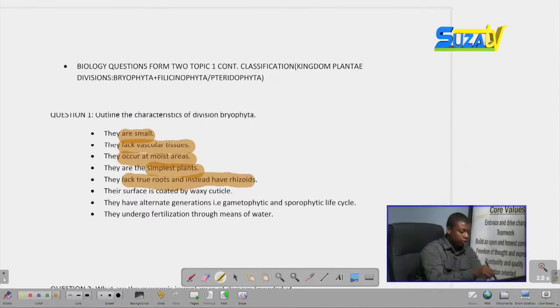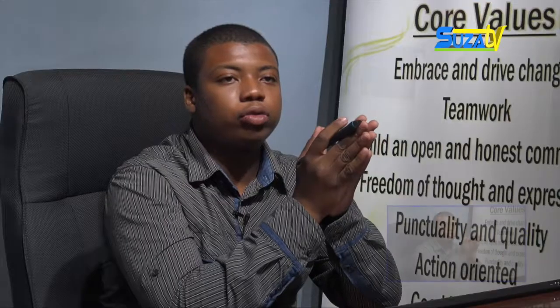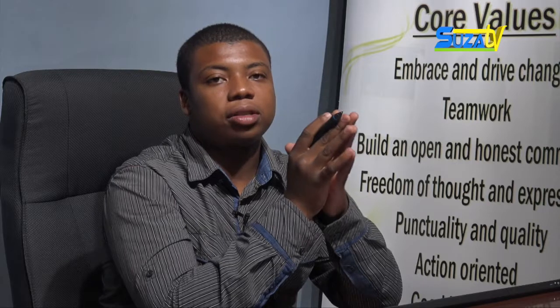They lack true roots and instead have rhizoids. So members of division Bryophyta lack true roots which anchor them and absorb nutrients. The only things that they have which absorb nutrients are rhizoids.